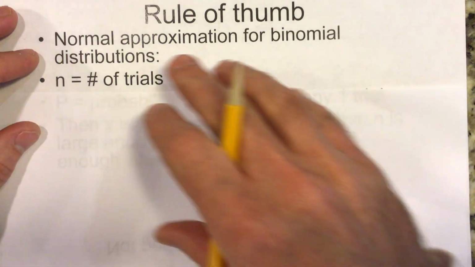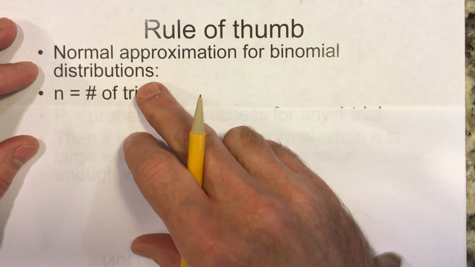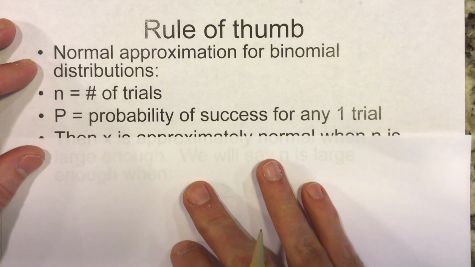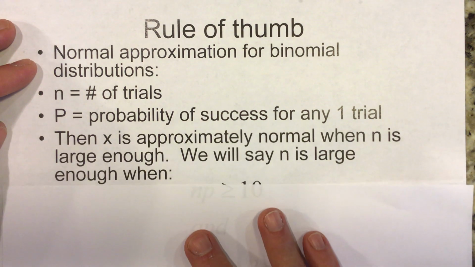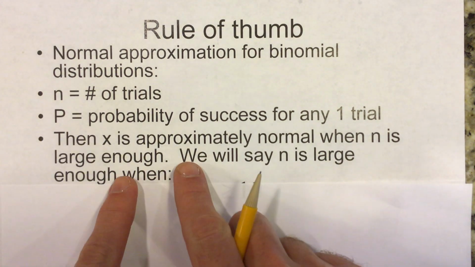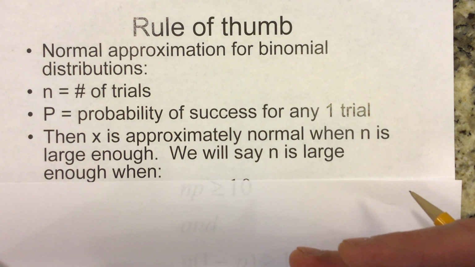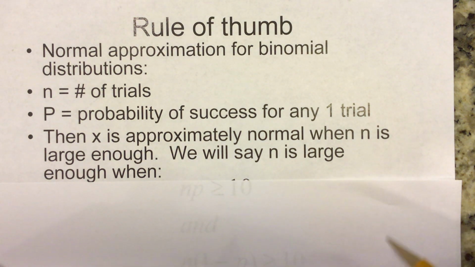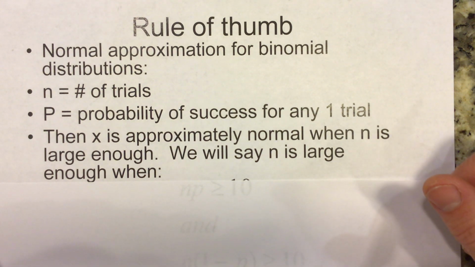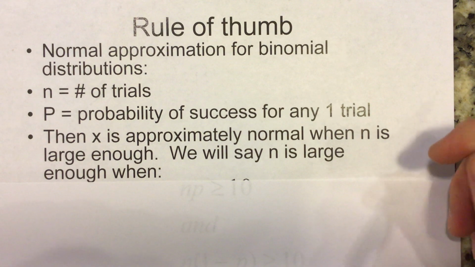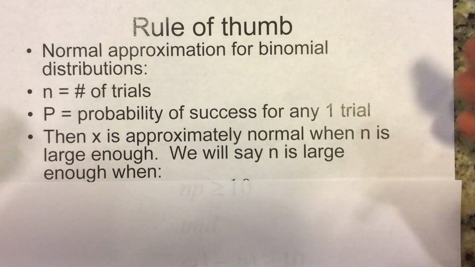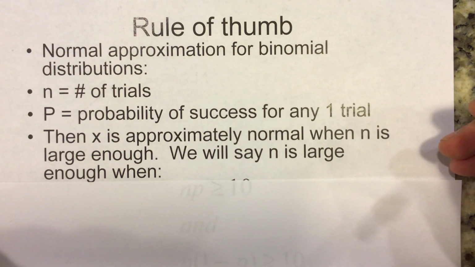Okay. Again, going back, N is the number of trials, P is the probability of success. So as we have more and more trials, binomial distributions actually become more and more normal, right? Like, again, think back to Fred guessing on a test, right?